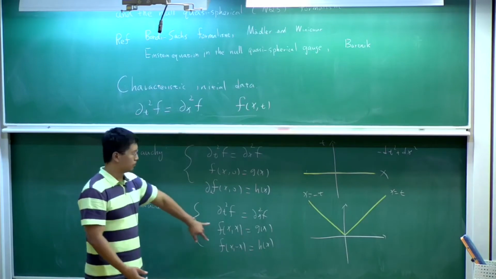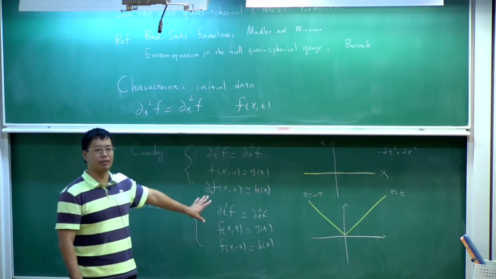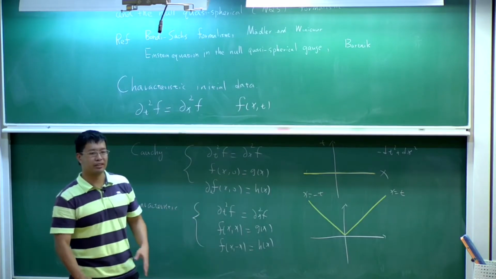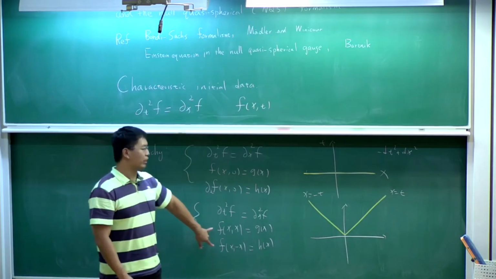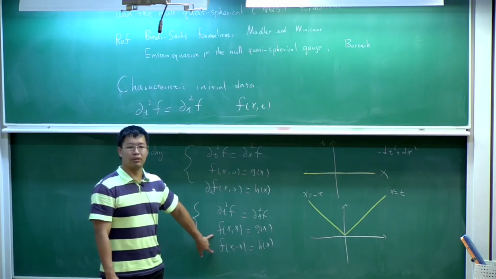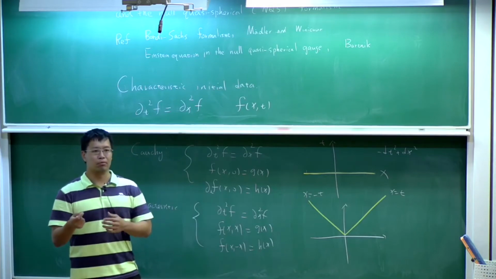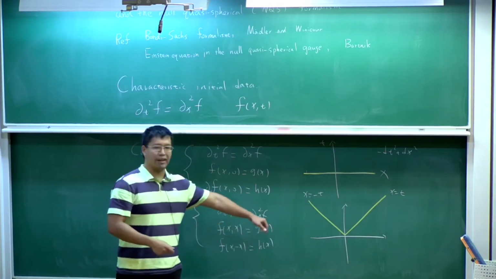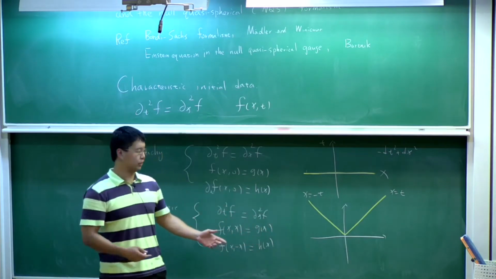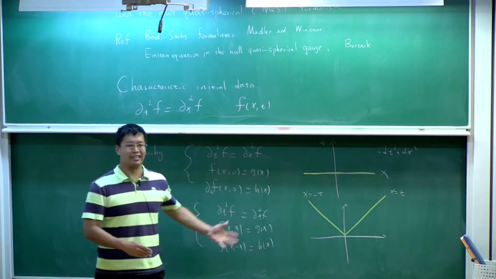But in this case, you can imagine that assigning initial data is easier. Also, writing down solutions is much easier. You just write f as two functions of a single variable, g of x plus t and h of x minus t, or the other way around. Then that's your solution.